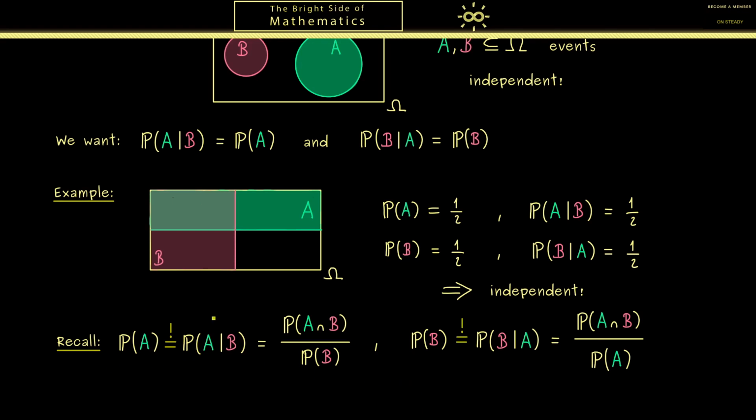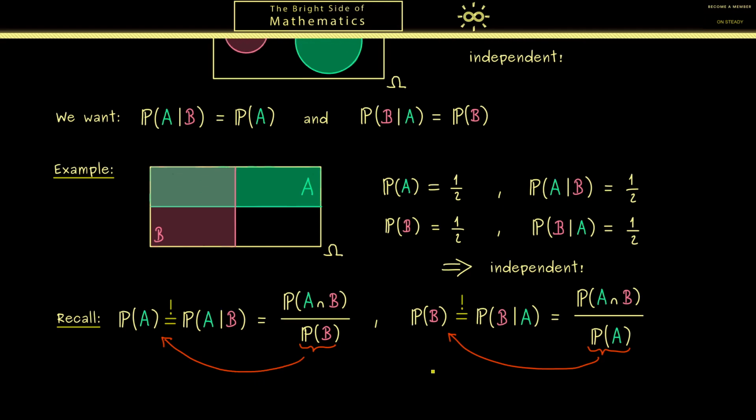First, this conditional probability should be equal to P of A, and this one should be equal to P of B. And there you should see, if we multiply this denominator to the other side, we have the same equality. Namely, the intersection is given by the product. And this is now what we can choose as the defining property for independence. So it's short and easy to remember.